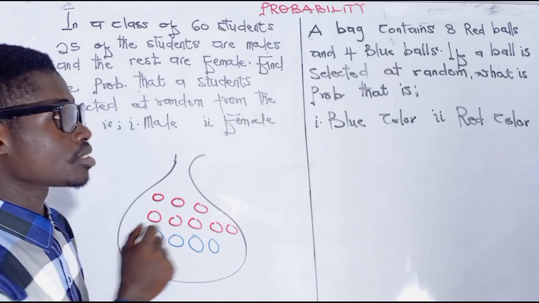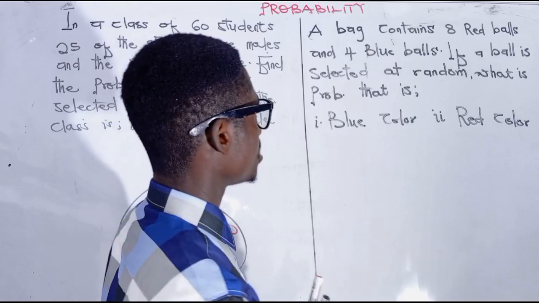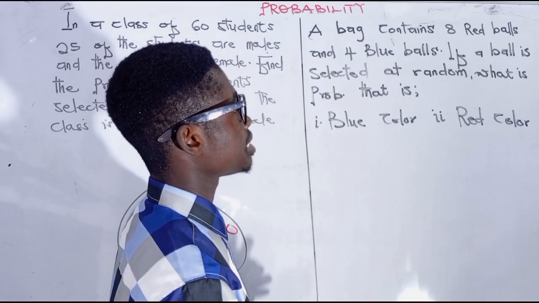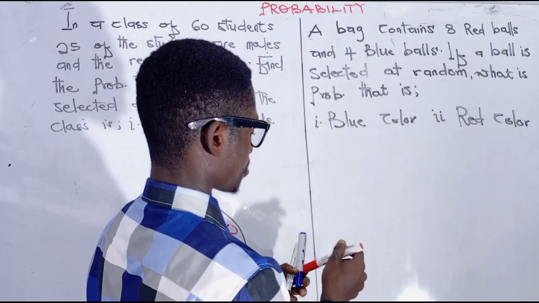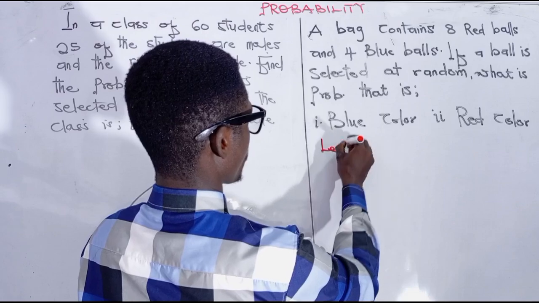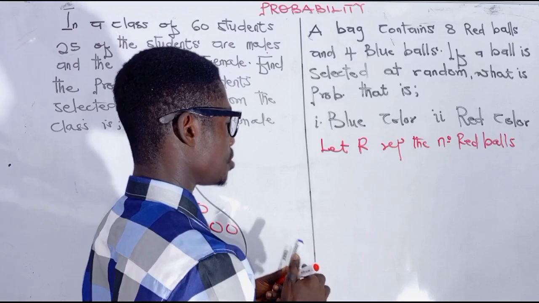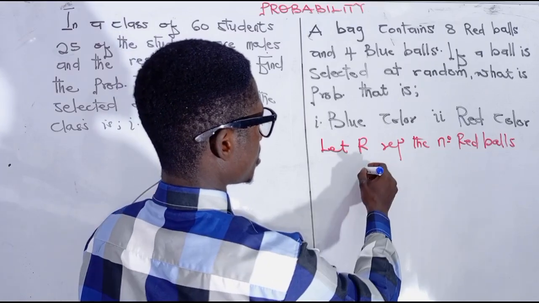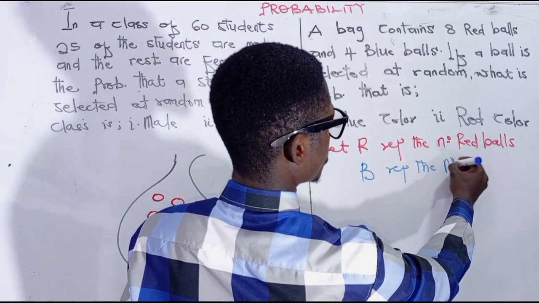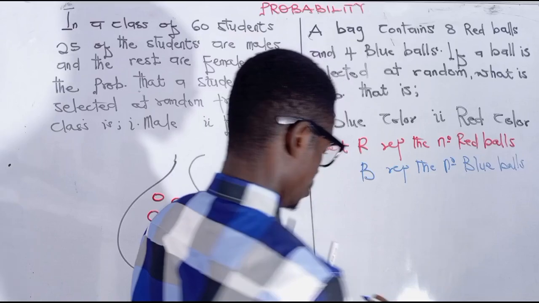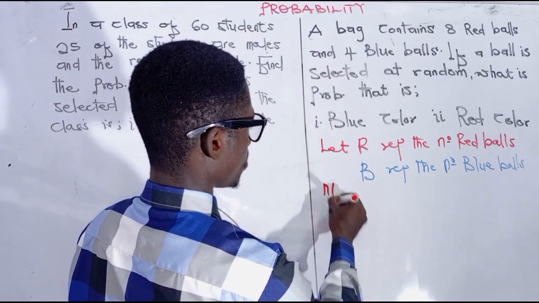In solving this question, what we have to do is first write the vital information from the question. Let's use the letter R to represent the number of red balls in the bag, and the letter B to represent the number of blue balls in the bag.